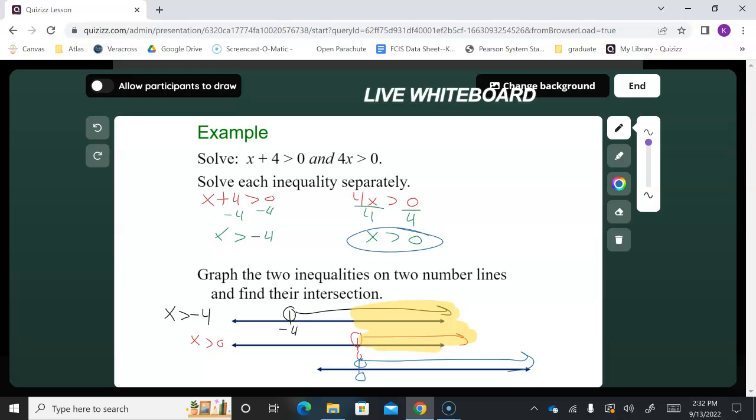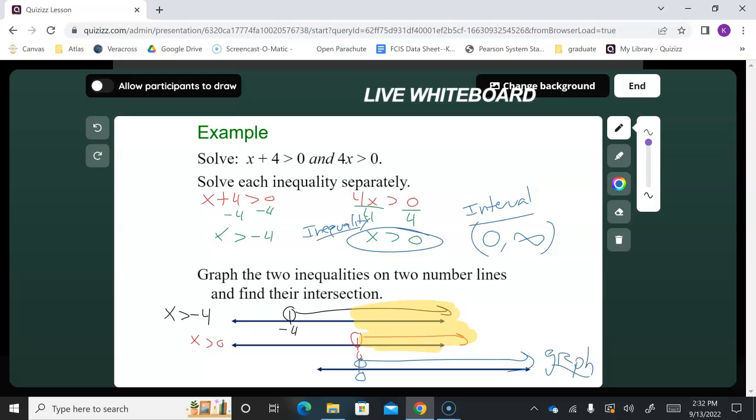That's the inequality for my solution set. x is greater than 0 because that's where the overlap starts. My interval notation is 0 to infinity. So for the compound inequality with the intersection, this is my inequality. This is my interval. And this is my graph.